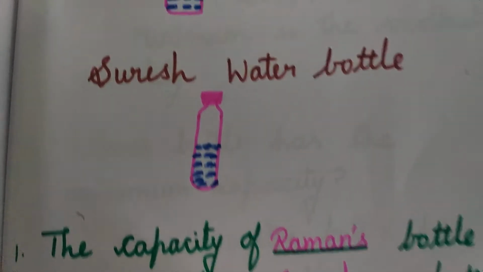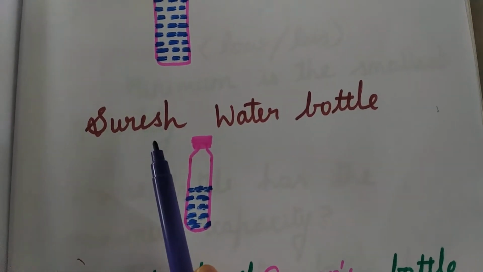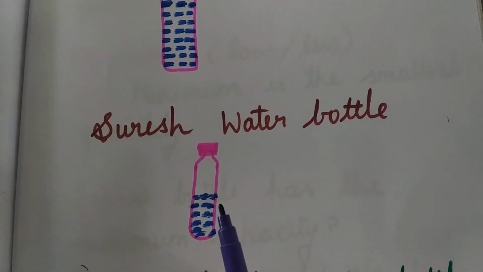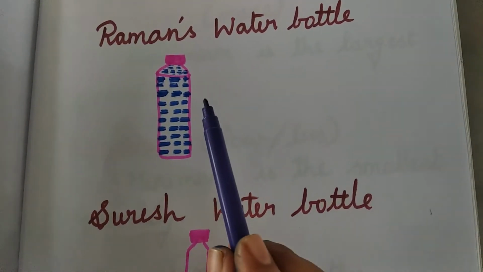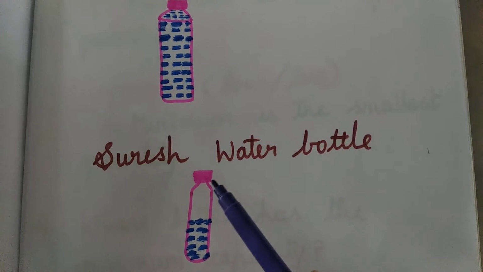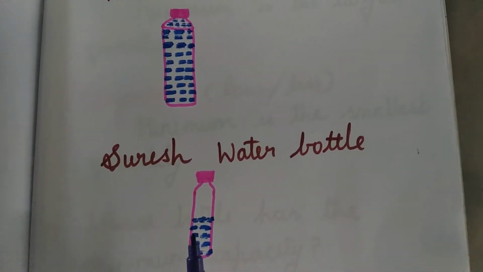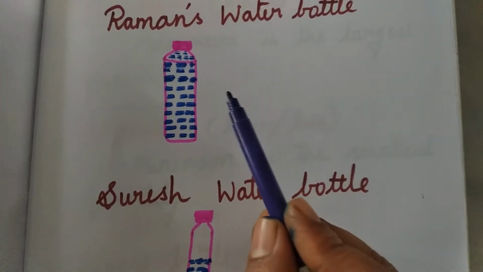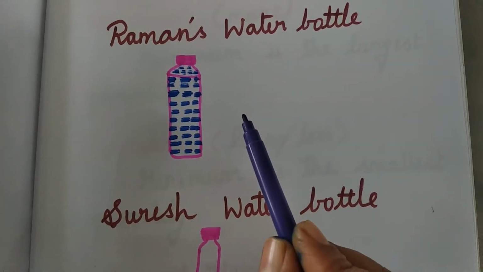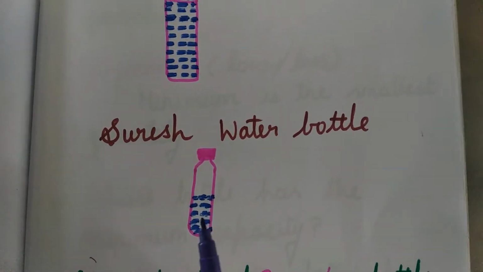Okay. Now see here, one more comparison. We can tell Suresh's water bottle is less than Raman's water bottle. Shall we tell like that? See, the capacity of whose bottle is less than the dash bottle. So the capacity of Suresh's water bottle is less.